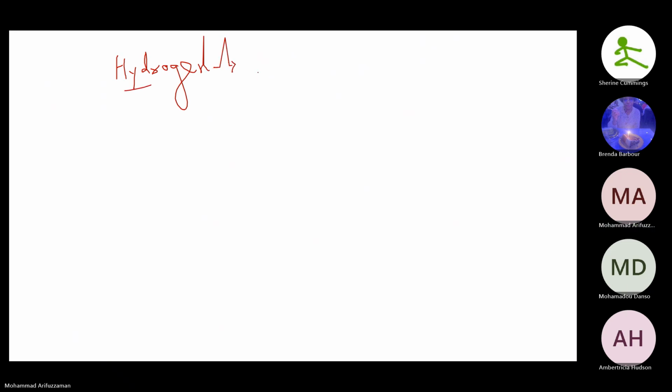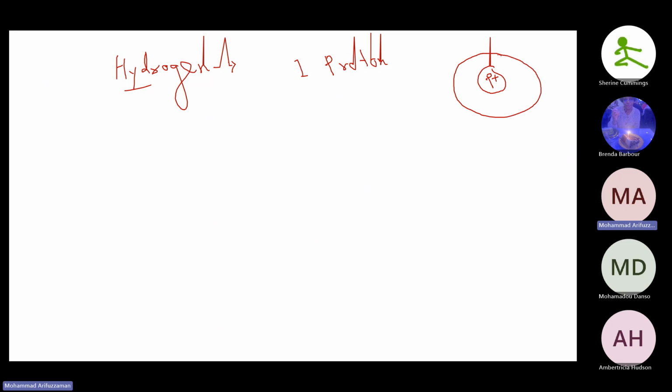Hydrogen has 1 proton. You can see the nucleus carries 1 positive charge. Therefore, hydrogen has 1 electron. You can see the electron. So the hydrogen has 1 proton.